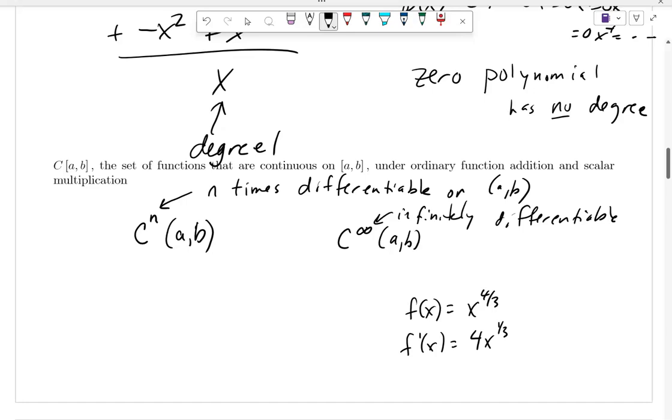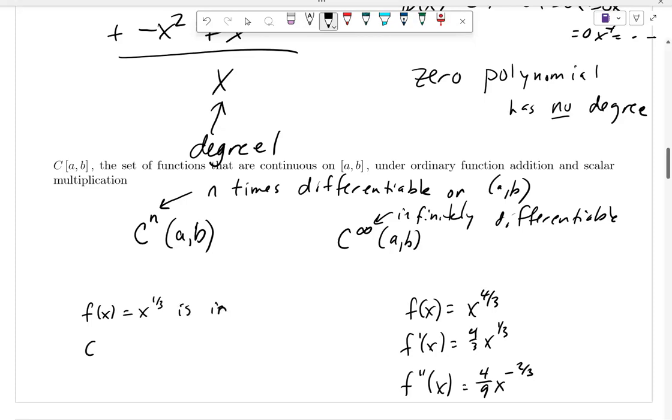Can I plug anything I want in for x there? Yeah, that's okay. But what happens when I take the second derivative? Oops, forgot my third in the denominator, didn't I? What happens when you take the second derivative? Is there something that I cannot plug in there now? 0, right?